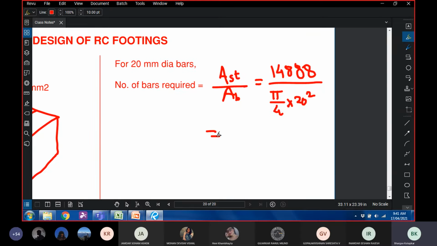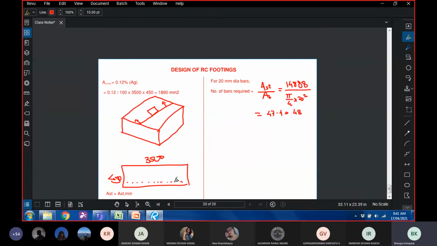So the total number of bars turns out to be 47.4, which is approximately equal to 48. So we have to provide 48 bars here.